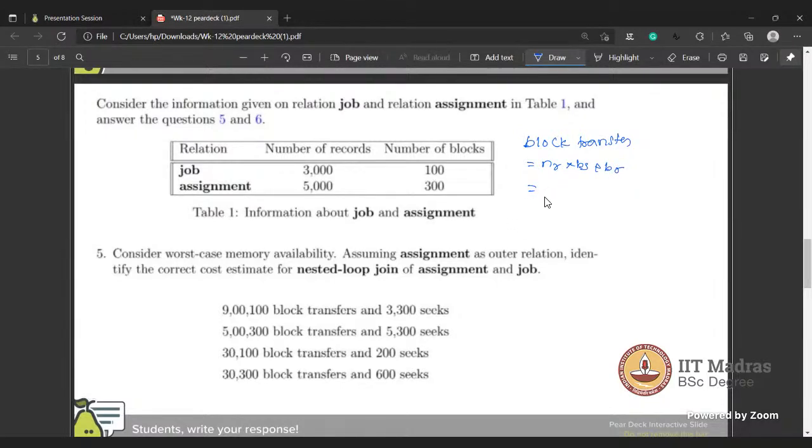Number of records in the outer relation. Assuming assignment as the outer relation, the number of records is 5,000. So 5,000 into the number of blocks in the inner relation, which is 100, plus the number of blocks in the outer relation, which is 300.